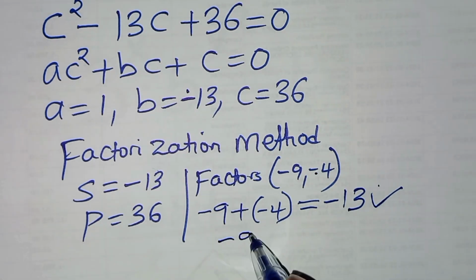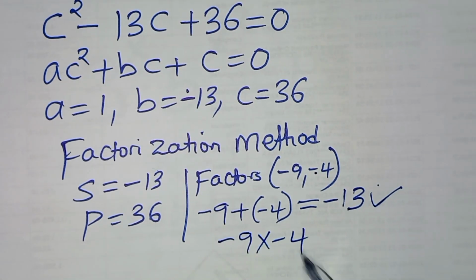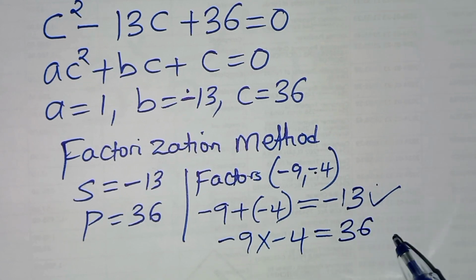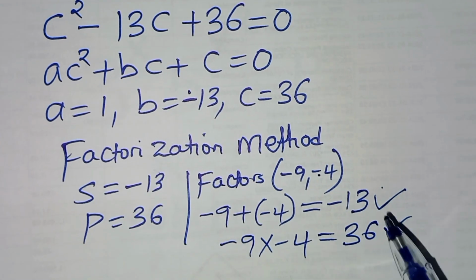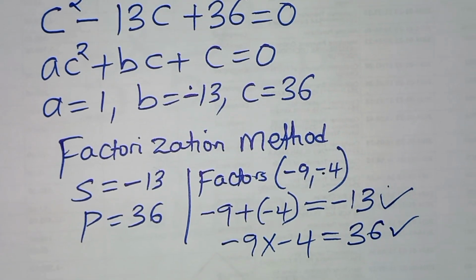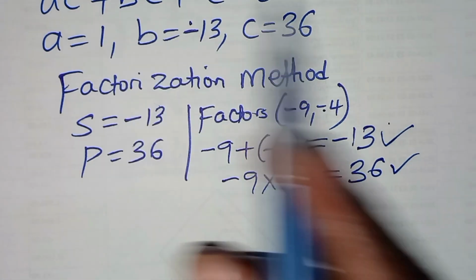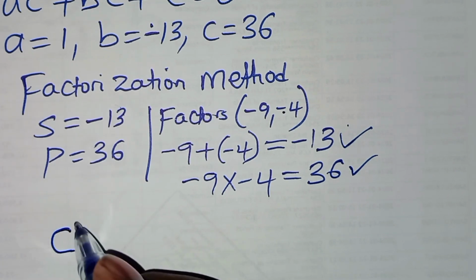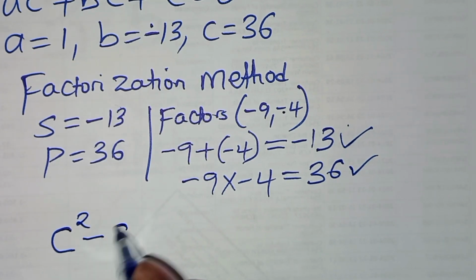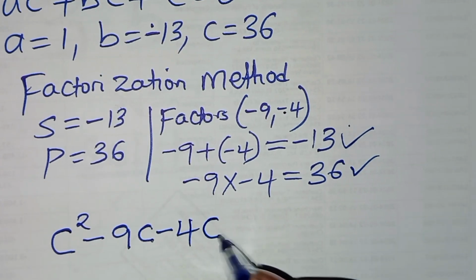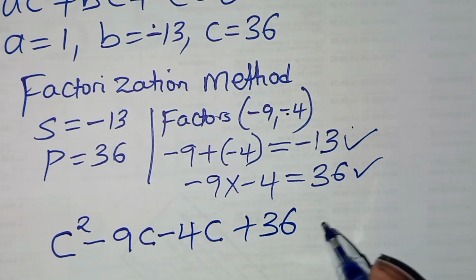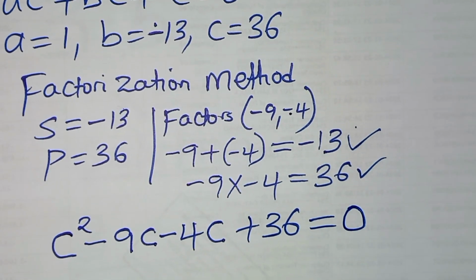When you say negative 9 times minus 4, this is equal to 36. So these two factors satisfy the sum and the product. So let's substitute these two factors in the quadratic equation. So we have c squared minus 9c minus 4c plus 36, equal to 0.